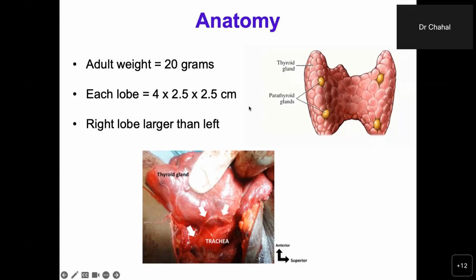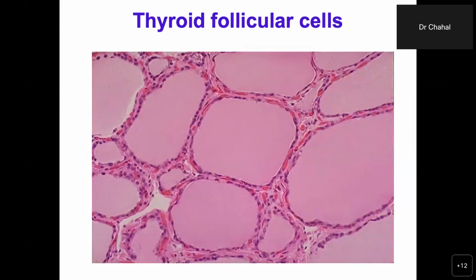And why it's very important is that some thyroid conditions require an operation by the thyroid surgeon, and the thyroid surgeon has always got to be careful of various structures nearby, so the trachea being one of them, but also really important is the recurrent laryngeal nerve, because if these are severed during the operation, then your patient will need a tracheostomy. So a very delicate operation if patients do need their thyroid gland removed.